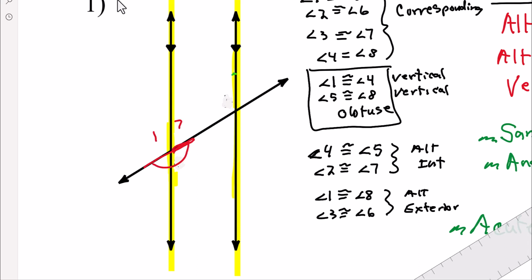So again, 1, 2, 3, 4, 5, 6, 7, 8. Angles that sit on a straight line.